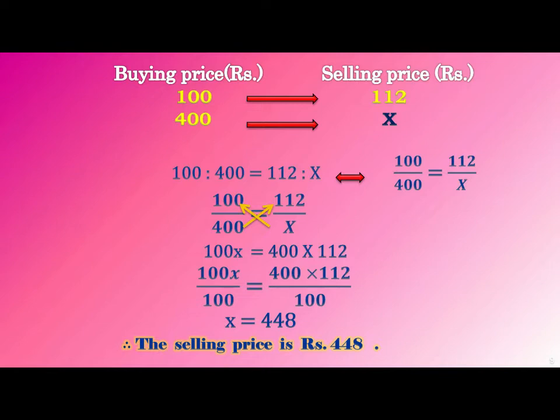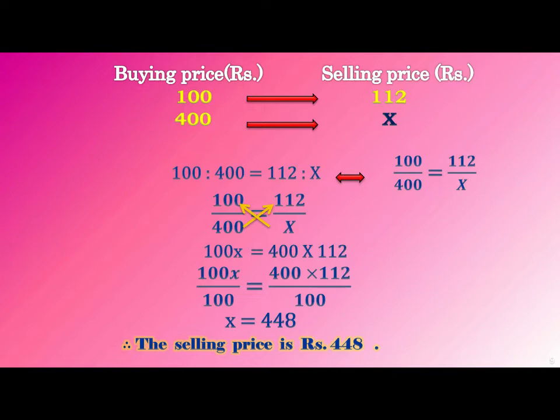What must be the selling price of that article? According to percentage, 12 rupees must be the profit. So what must be the selling price? 100 plus that 12, then 112 rupees. So accordingly, we will calculate the selling price of the article.